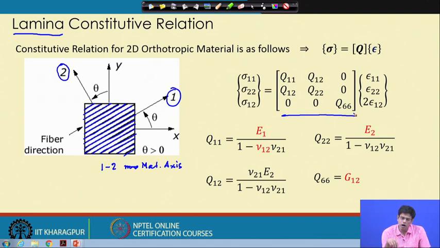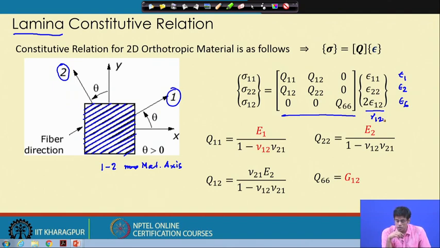These are the stress components and strain components. It can also be written in this form, epsilon 1 in Voigt notation, epsilon 2 and epsilon 6. Remember this is the shear strain, gamma 1 2, and similarly stresses can be written as sigma 1, sigma 2 and sigma 6.